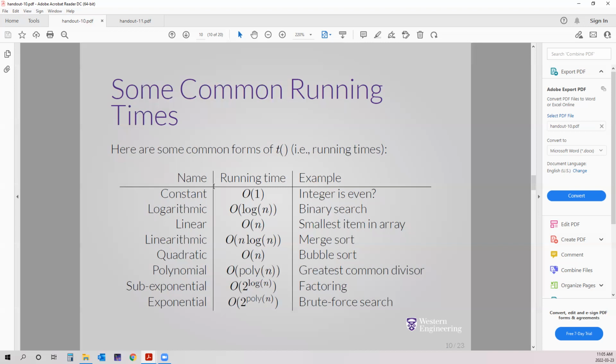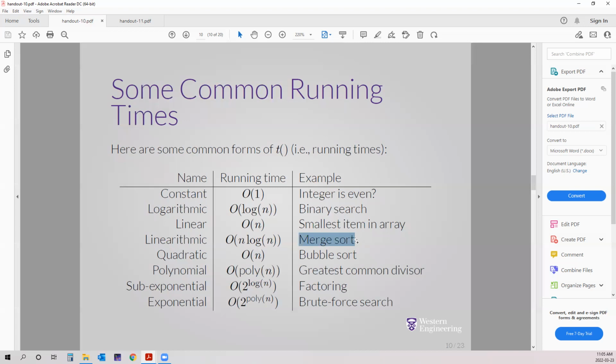Linearithmic, which is big O of N log N. Here we have linear, then logarithmic. For example, merge sort, and you remember that from the data structure course. Quadratic, which is big O of N squared, like bubble sort.